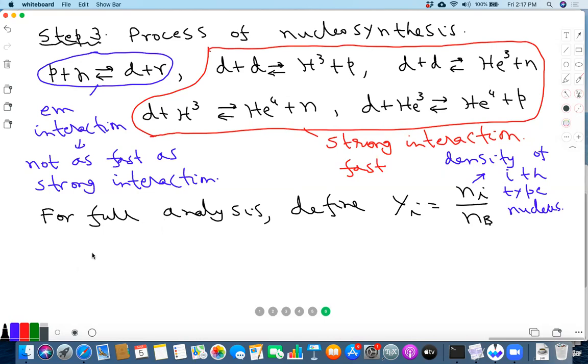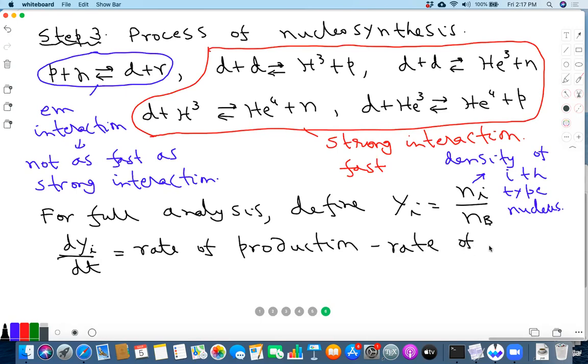So then we can set up a differential equation. So dyi dt will be given by the rate of production minus rate of destruction, and you can calculate this in terms of the yi's and xn's themselves, because these cross sections can be measured in nuclear physics, right?